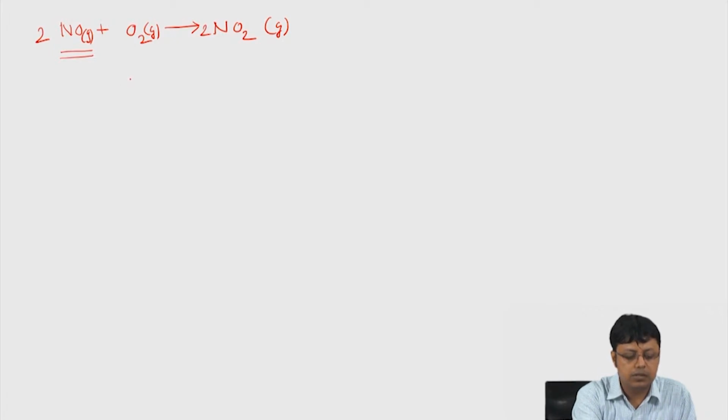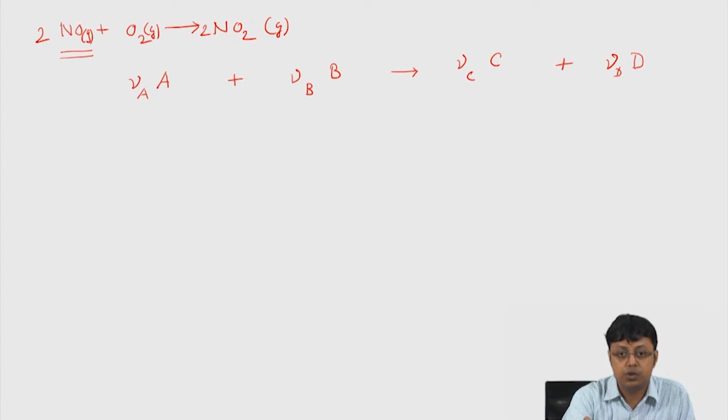For example, we will write a very general equation like nu A of A plus nu B of B going into nu C of C plus nu D of D. So, these are basically the stoichiometry coefficients nu A, nu B, nu C and nu D. We talked about it when we talked about the reaction quotient under chemical equilibrium.